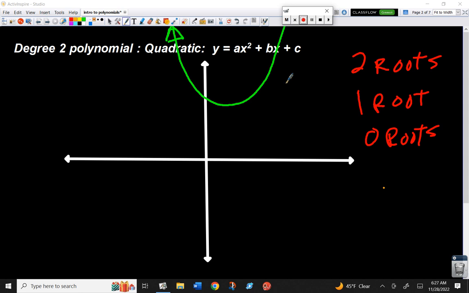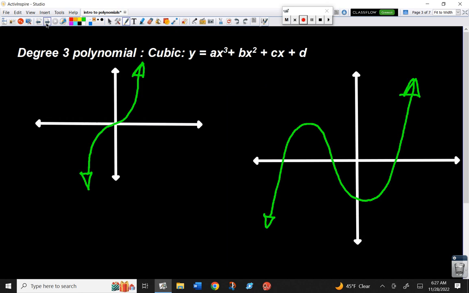Now, let's look at a degree 3 polynomial. Y'all are familiar with degree 3s because over here on the left-hand side, this has been the cubic equation we've been dealing with, and we dealt with it last year in Algebra 2. These cubic equations have the form y equals ax to the third, bx to the second, plus cx plus d.